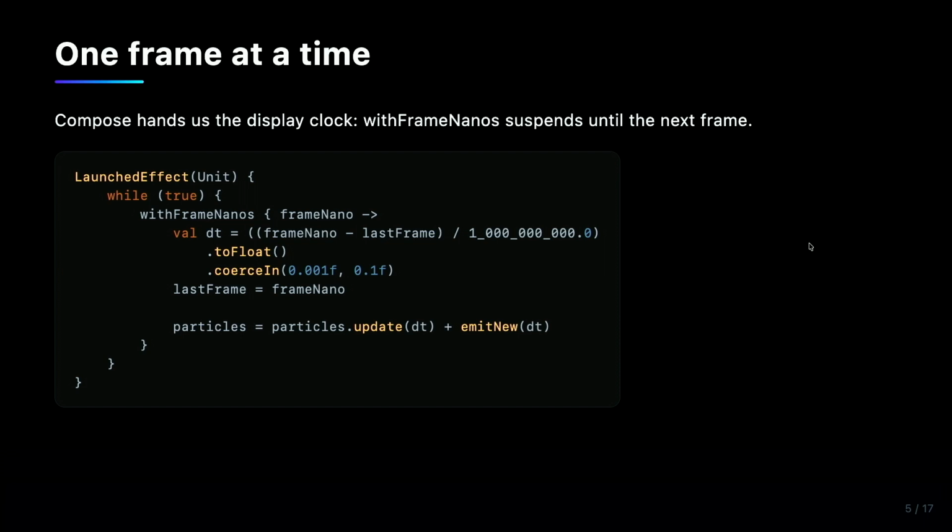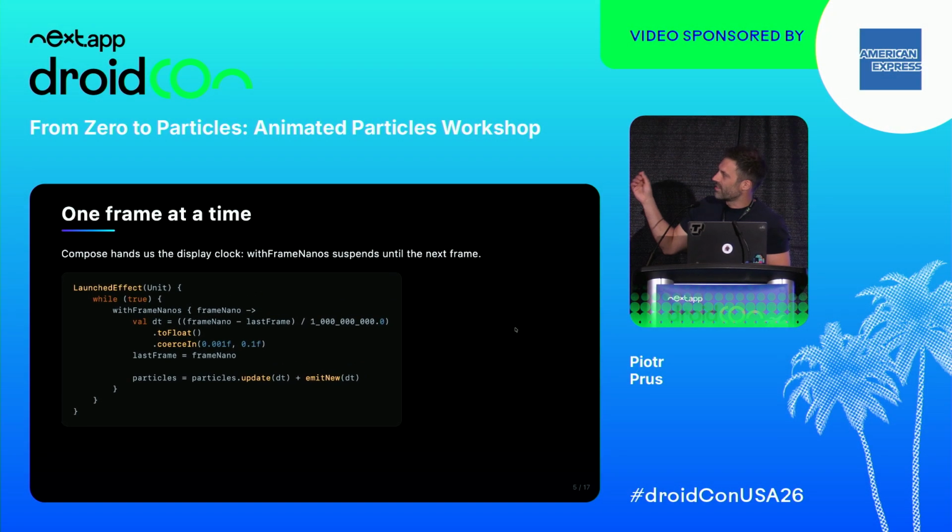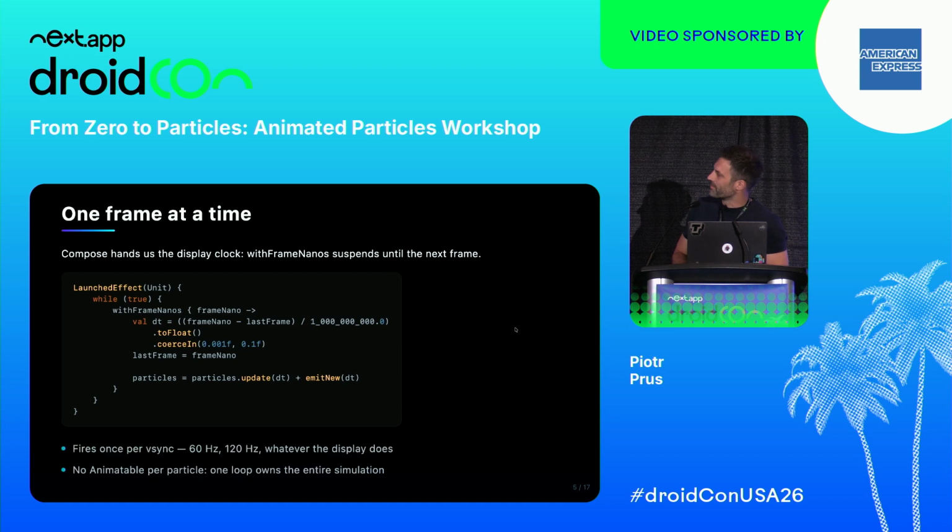So whether it is 60 Hertz or 120 Hertz, you will always get this ticker at the time of the frame. And even if you have any freezes, your next render will happen at a frame and not at a given time. So I'm using this for calculating the position of every particle, every frame.